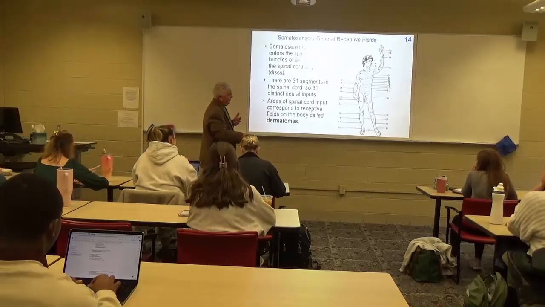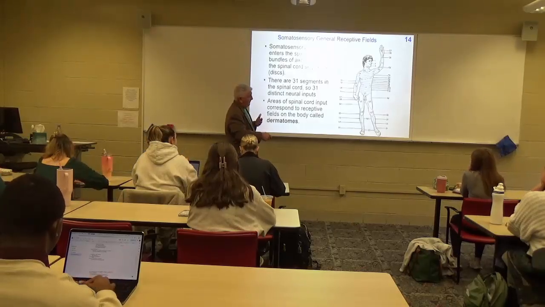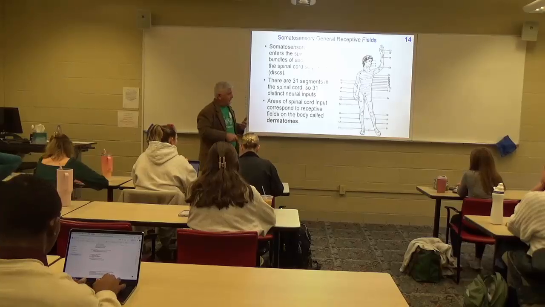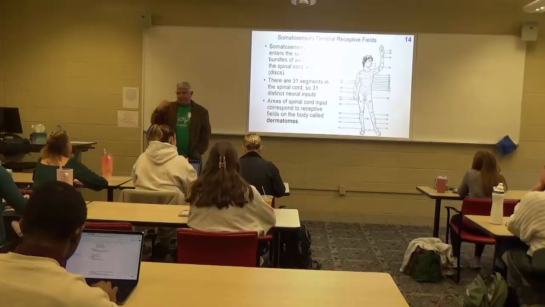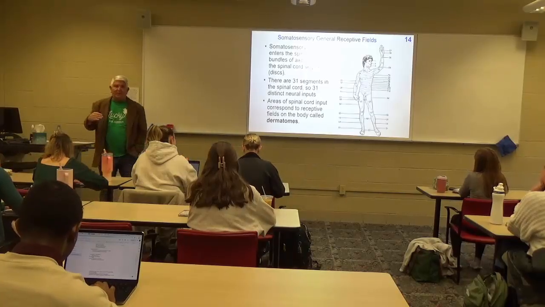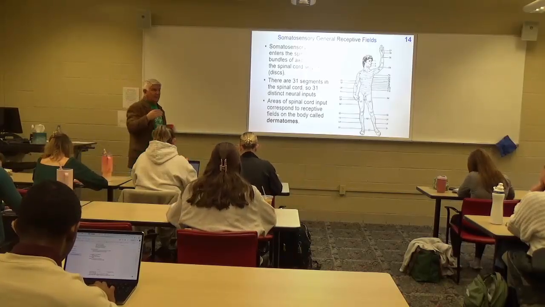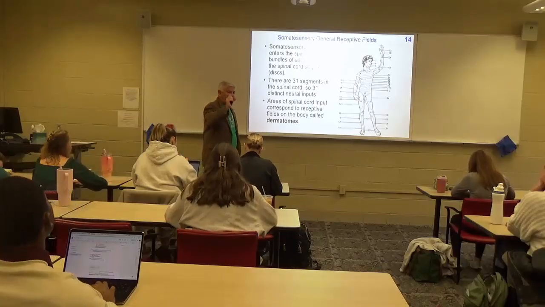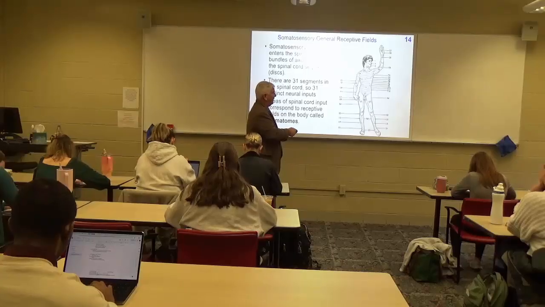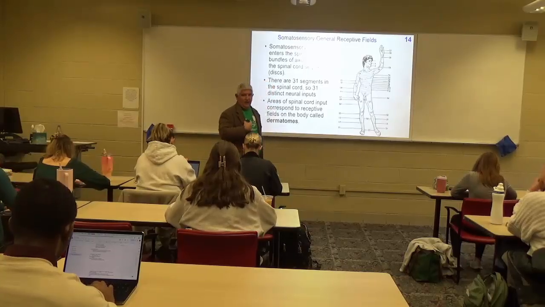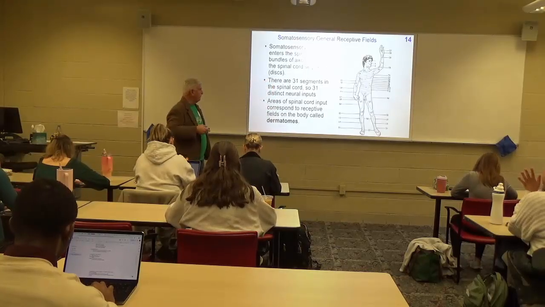And the lumbar 3 is your knee area. Right? And so these are organized from top to bottom, and they don't overlap really. They're distinct patches or regions of skin innervated by the nerves that are going into that particular part of the spinal cord.